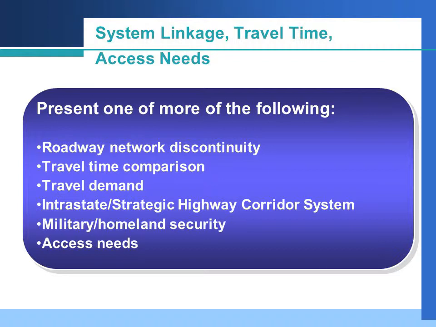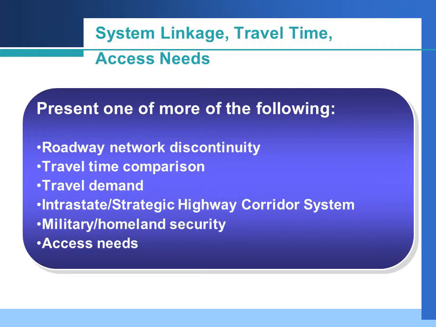For system linkage, travel time, and access needs, one or more of the following will need to be presented: roadway network discontinuity, travel time comparison, travel demand, origin-destination studies, intrastate strategic corridor systems, intrastate, interstate, national highway system, etc., military, homeland security needs, access needs.